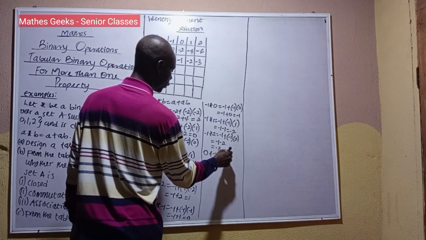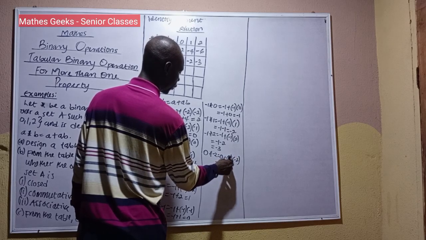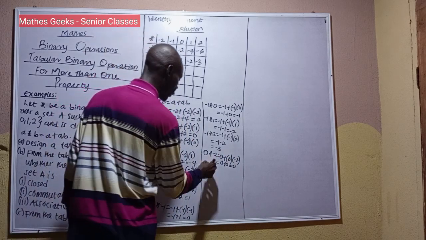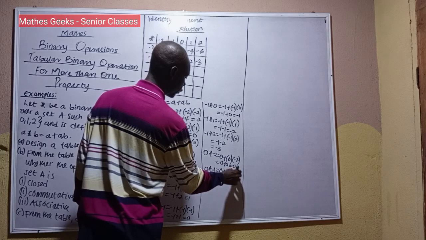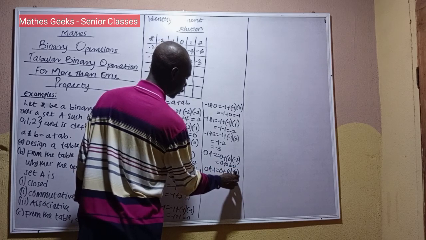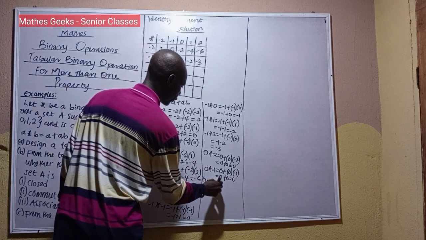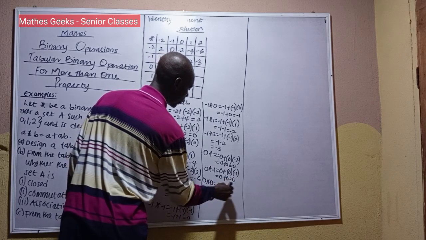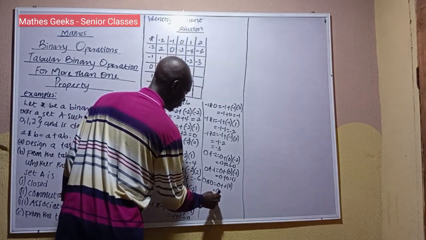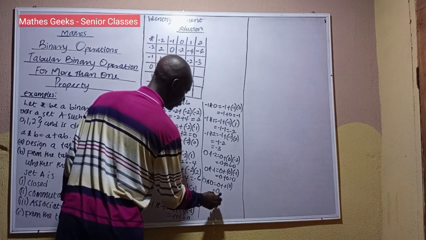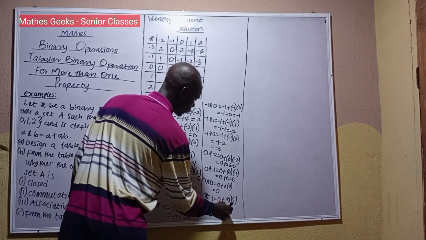Okay, now 0 operation -2: 0 plus -2, plus 0 times -2 which is 0, giving -2. 0 operation -1: 0 plus -1, plus 0, gives -1. 0 operation 0 gives 0. 0 operation 1 gives 1.